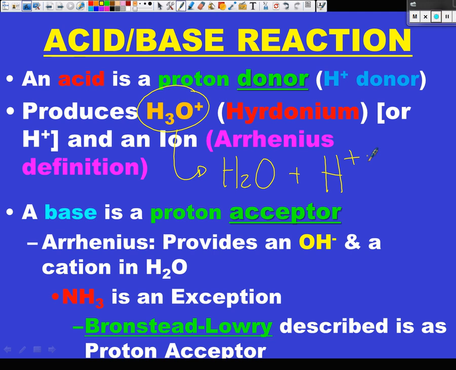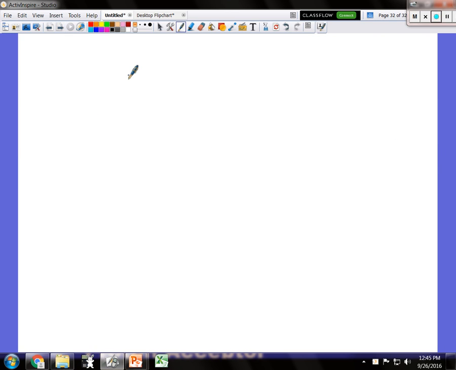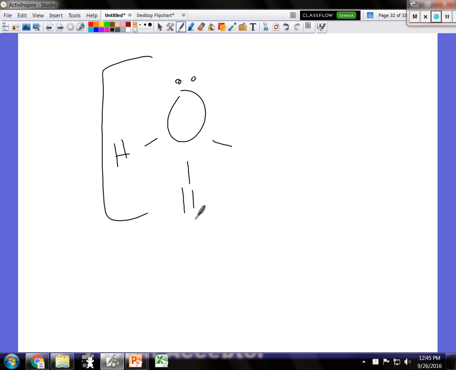If you want to make it more fancy than that, you can draw this. That's what hydronium is.